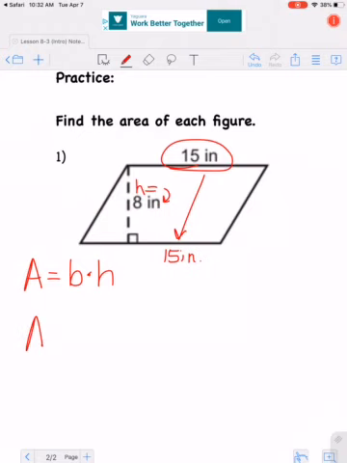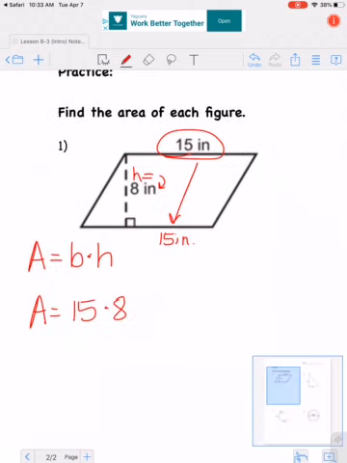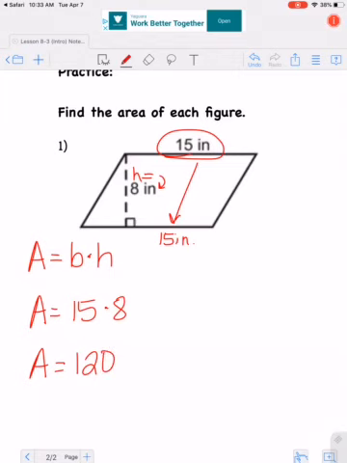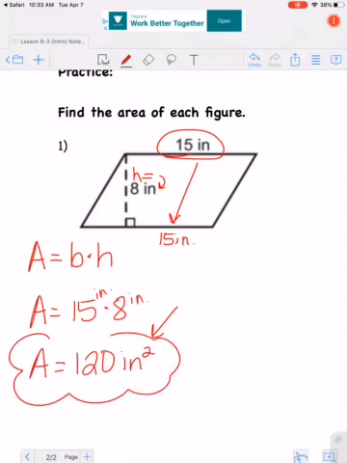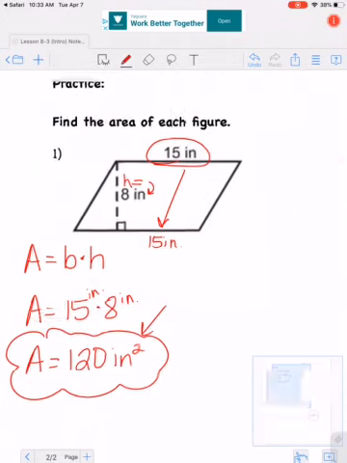So for our area, we would have our base of 15 times our height of 8, and that would give us 120 inches squared. It's squared because you're doing inches times inches. So our answer is 120 inches squared.